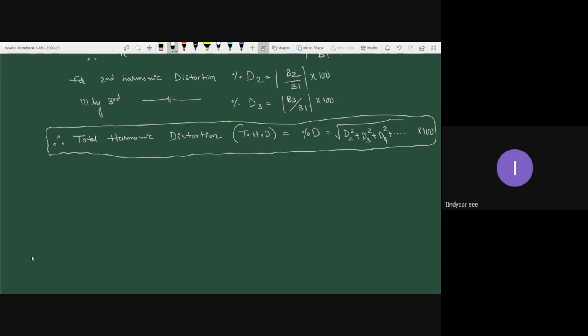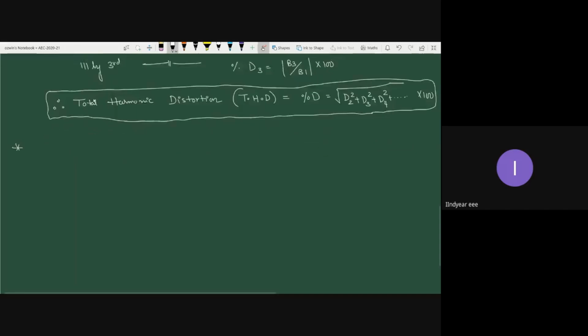Third and higher order harmonics are of less significance, because their amplitudes are not so dominating. That's the reason in our analysis we'll be looking at only the second order harmonic component. So the next subheading is second order harmonic distortion. It's very, very important.